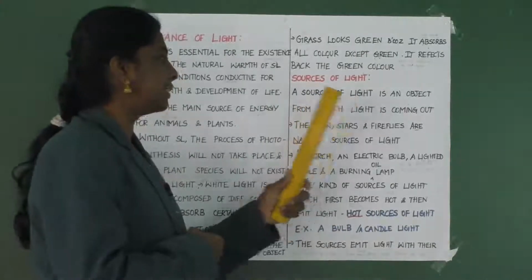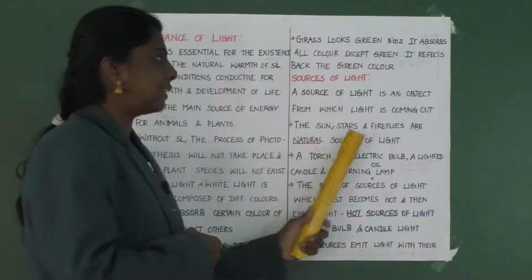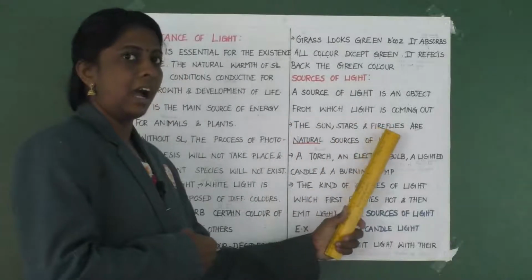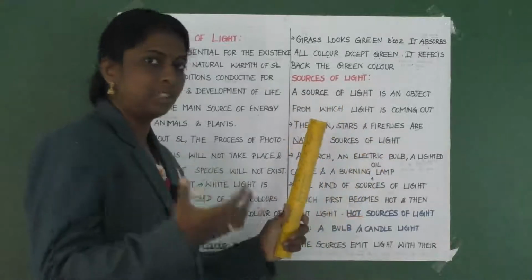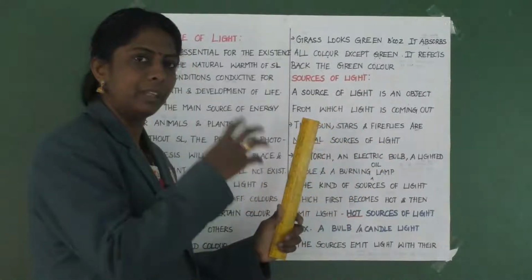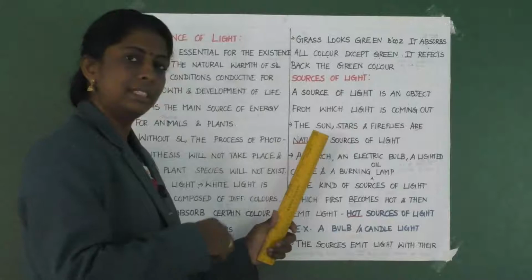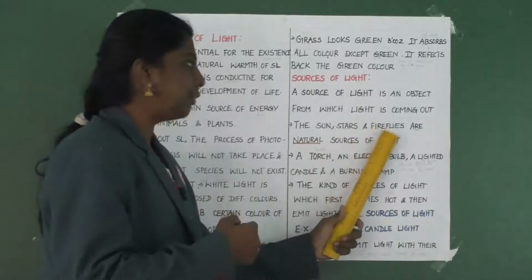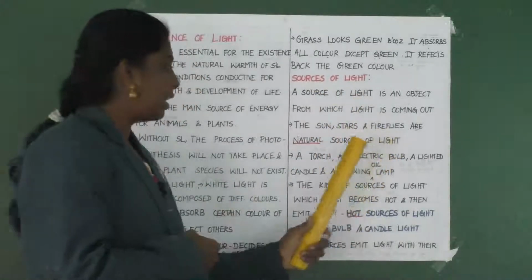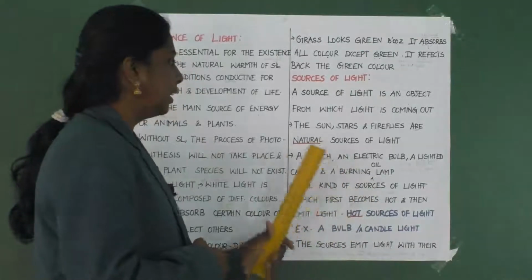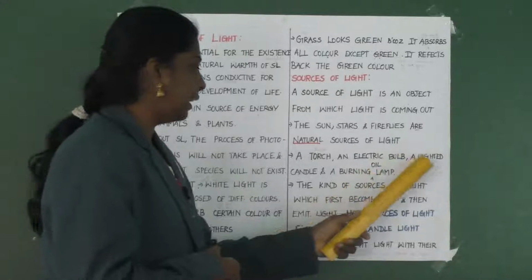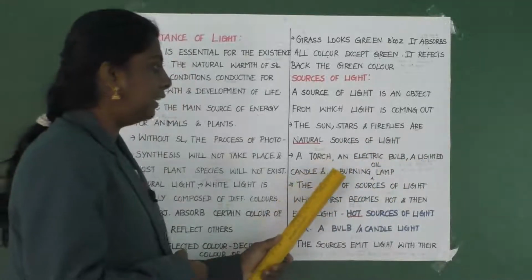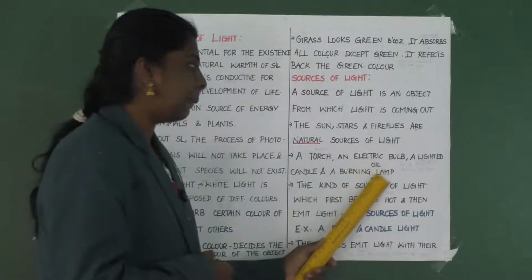Clear? Yes. The sun, stars and fireflies are natural sources of light. They are natural sources. We don't have to make anything. Is that not so? Sun, stars and fireflies are natural sources. Then a torch, an electric bulb, a lighted candle and a burning oil lamp.